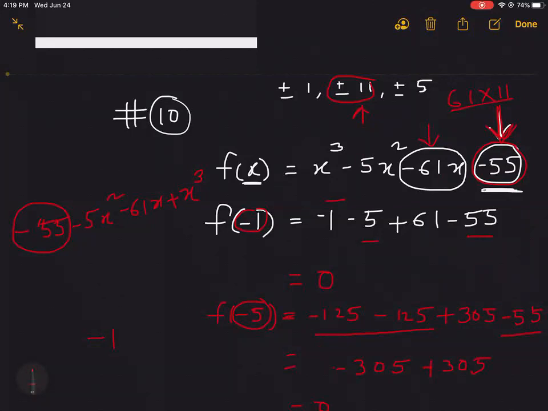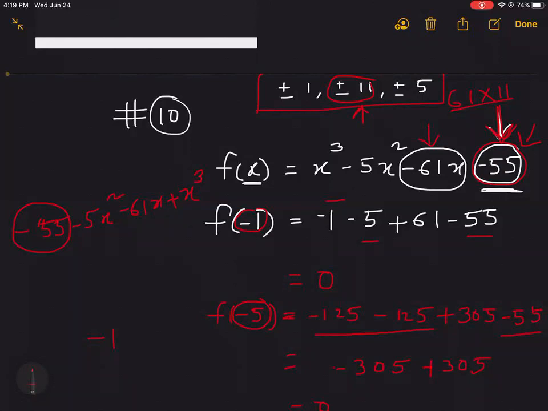So you need to look at the constant term and check the factors of that, of course, plus minus. You can always try fractions as well, but for bigger values like this, generally the normal factors will do. And the fewer factors you have, the less time it will take to find out all the zeros.